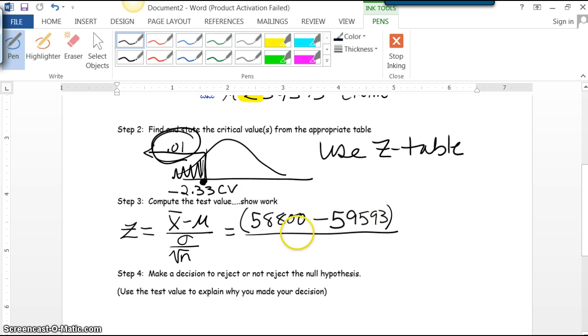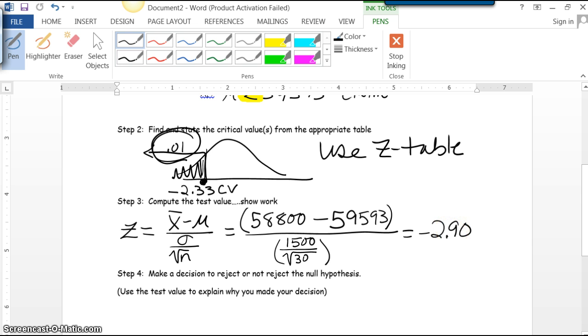In the denominator, the population standard deviation goes over the square root of the sample size, and so it's 1,500 over the square root of 30. When you put that in your calculator, you're going to get like a negative 2.895 something. I'm going to go ahead and round it to negative 2.90. So that's our test value.